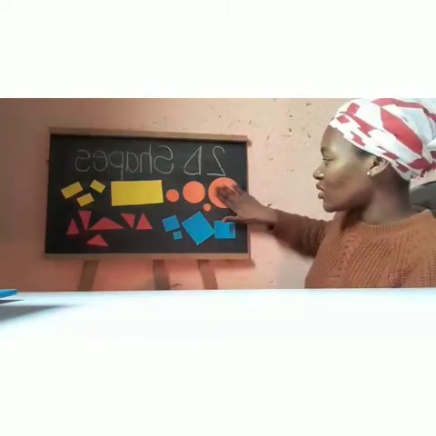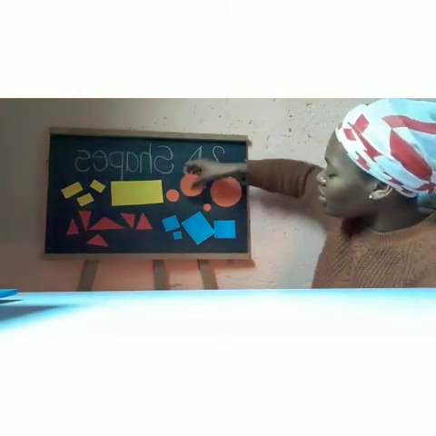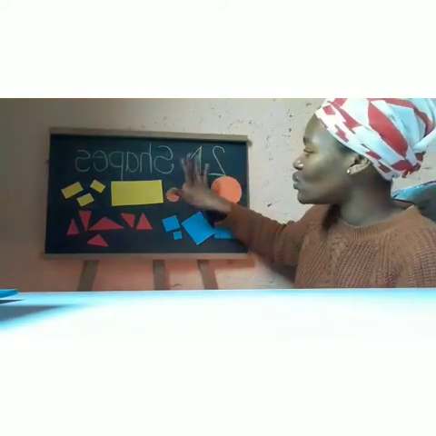The only thing that doesn't change form is the circle, because it's round. No matter how we put it, even if we put it anyhow, it doesn't change its form. This is the only shape that doesn't change its form.